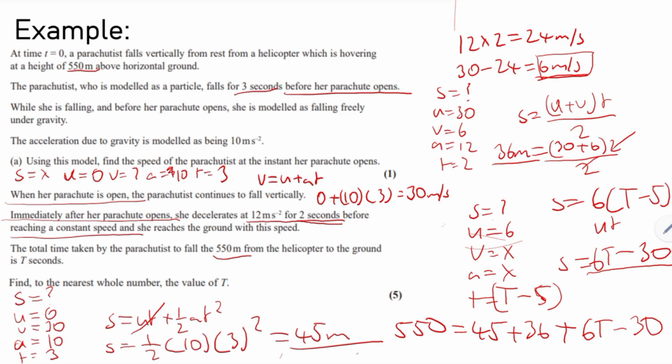We want T by itself, so we get 6T equals 550 plus 30, minus 45 and minus 36. So you get 499. And so T will equal, dividing both sides by 6, 83 seconds.